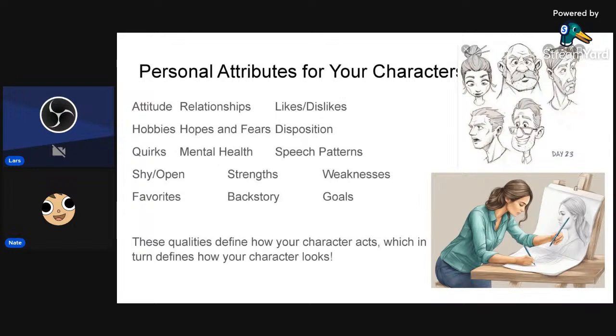What kinds of facial expressions do they wear? Someone who has a lot of relationships, and I'm not just talking romantic, but lots of friendships or lots of family, is going to act a certain way. Their likes and dislikes will determine how they react, which will also affect how their expressions look, their posture, how they present themselves.